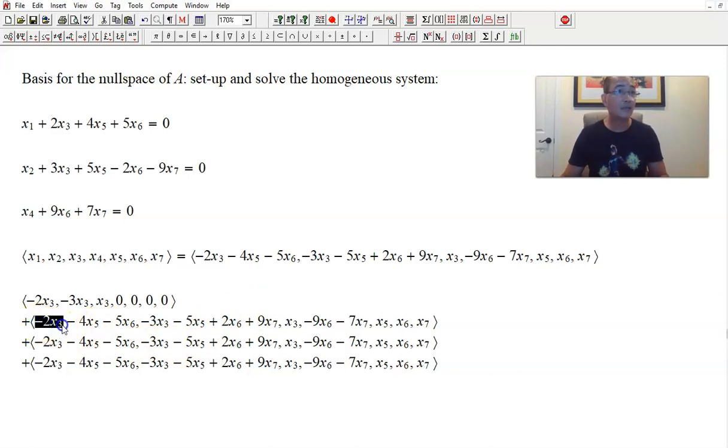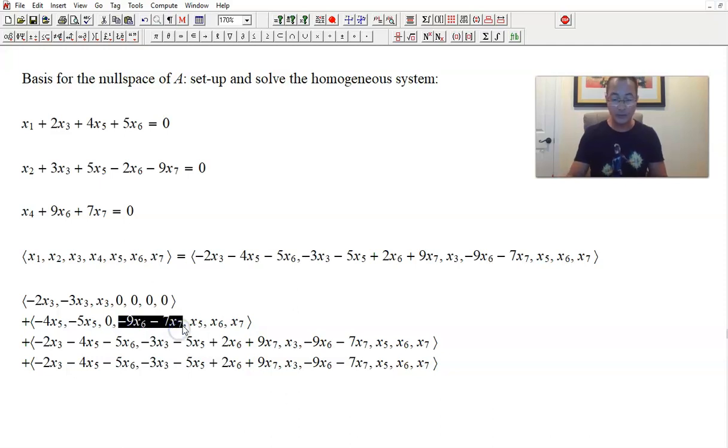So erase everything which is not x5. If you're doing this by hand, of course, what you will write is the term that contains x5 in each component. So x3 is not x5, that becomes 0. There's no x5 here either, so that's 0. x5, x6 turns into 0, x7 to 0.